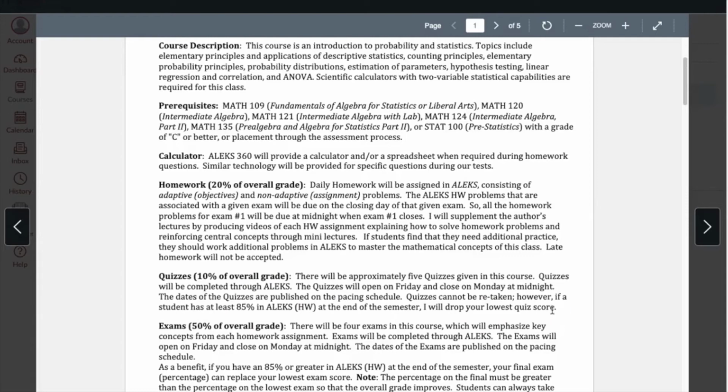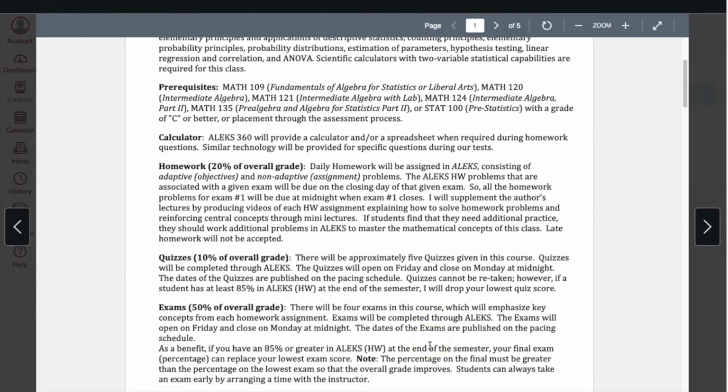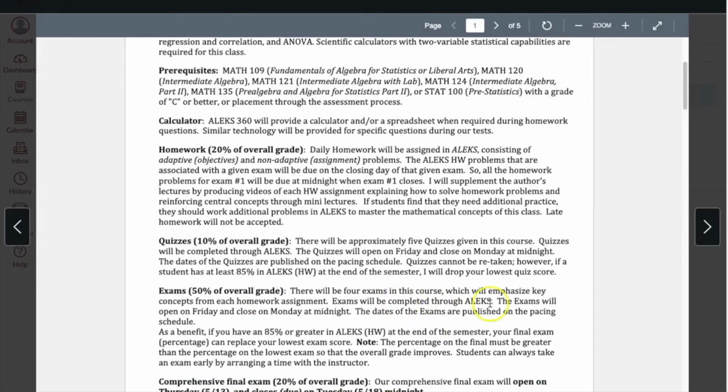Exams are done in the same way that they're done in ALEKS. Open on Friday, close on Monday at midnight. The dates of the exams are published. As a benefit, I have a similar kind of thing: if you have 85% or greater on your ALEKS homework at the end of the semester, your final exam percentage can replace your lowest exam score.